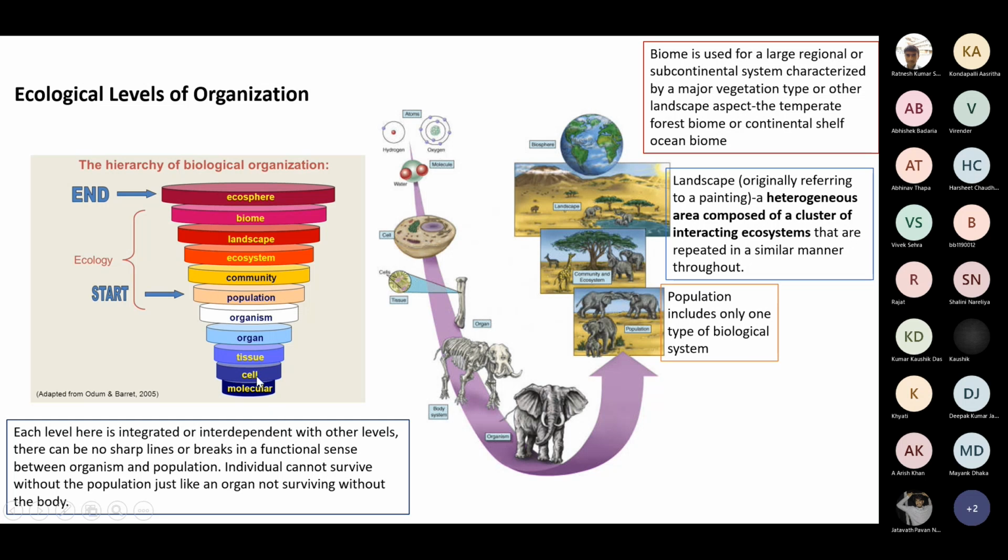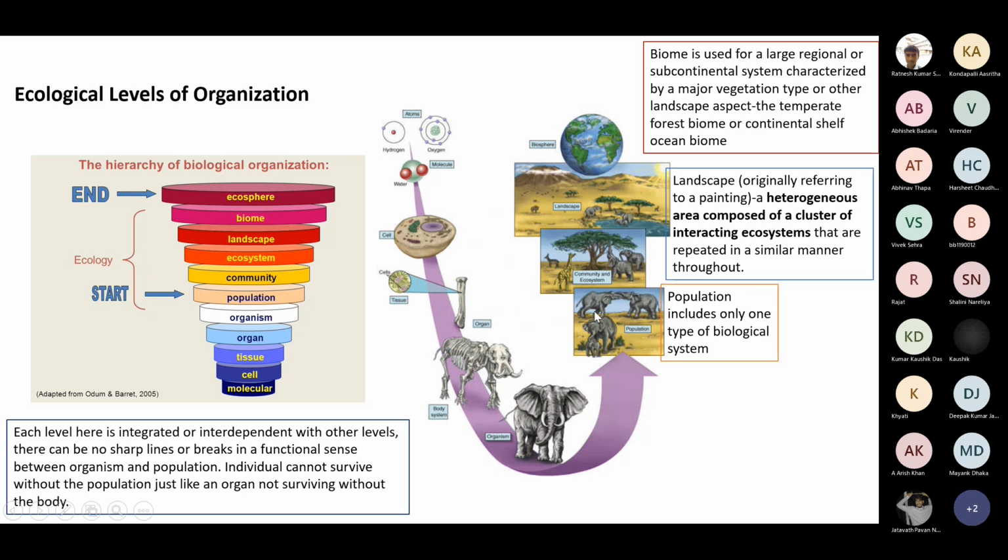Different cells get together to make a tissue, like bone, and it makes an organ. Then you have a complete body system or an organism, and this is what you are. A skeletal system is shown here, and an organism is shown here, which is very much equivalent to what is shown here.